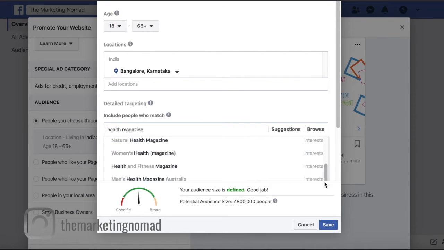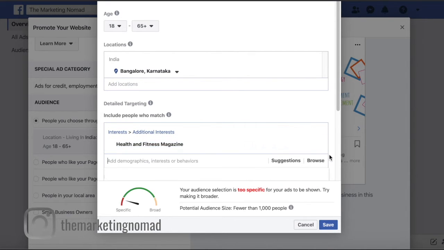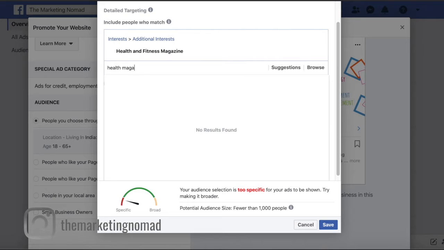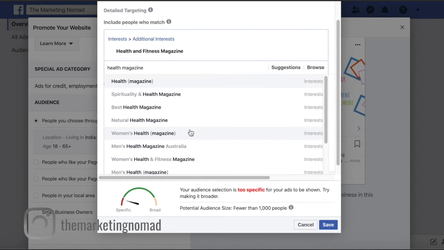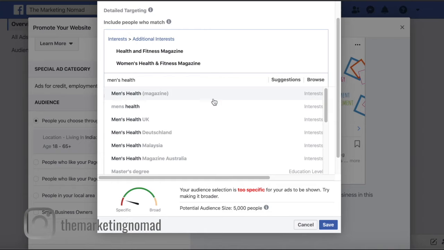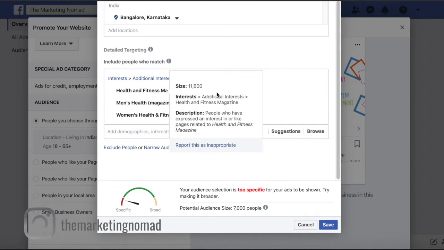So health and fitness, I want to put that in. I think my thing is too specific, so let me try another. Look at that. Men's Health was good. I thought that was good. Men's Health Magazine. Again, not too specific.